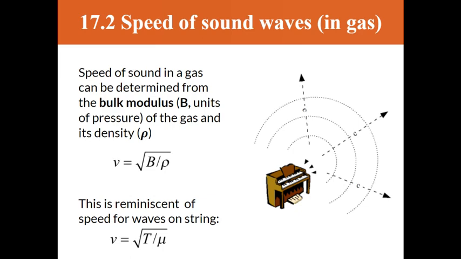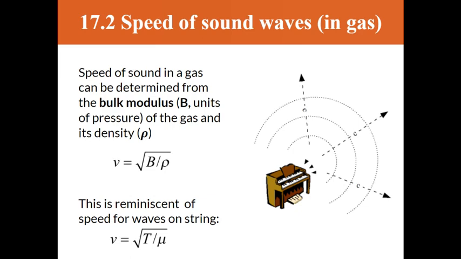So, when we talk about the speed of waves, we've seen that it usually comes down to some ratio of a term relating to how stiff a spring is or how tense a string is over some term related to mass. And for the speed of sound waves in a gas, the formula is the same.